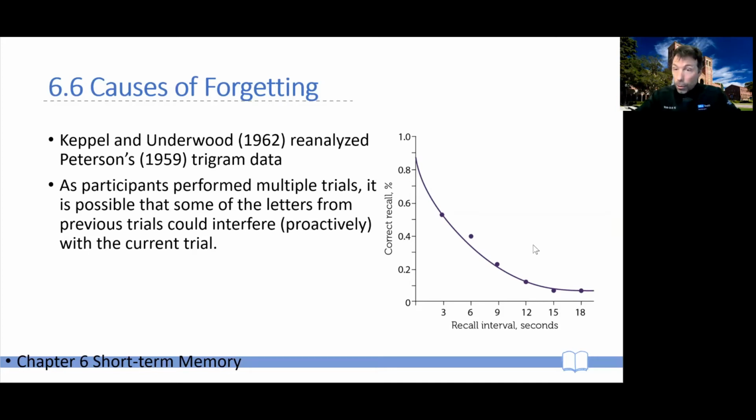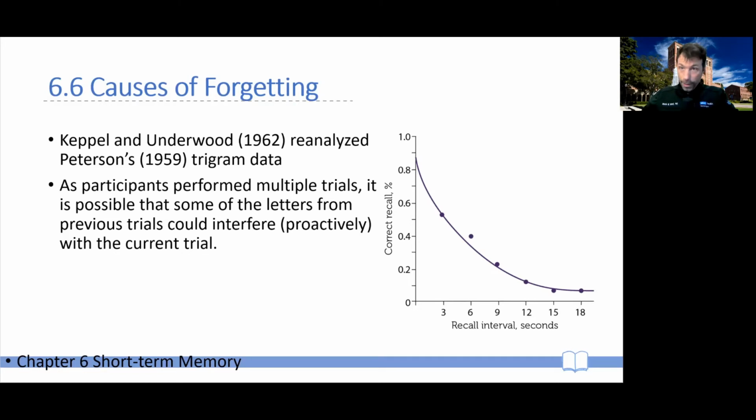Now, Keppel and Underwood, on the other hand, reanalyzed the data, and what they noticed is that at the beginning, participants could hold on to those trigrams for just about 15 seconds or close to that. But then they got progressively worse at remembering these trigrams. So the first trigram, 15 seconds, the second trigram, 15 seconds.